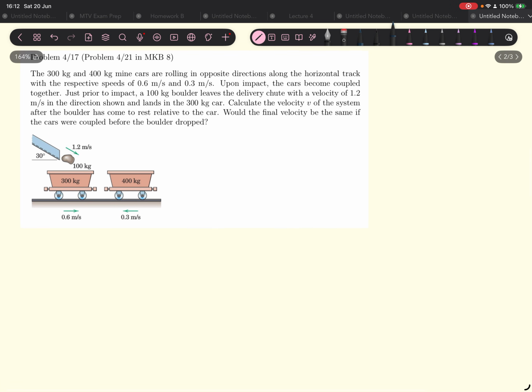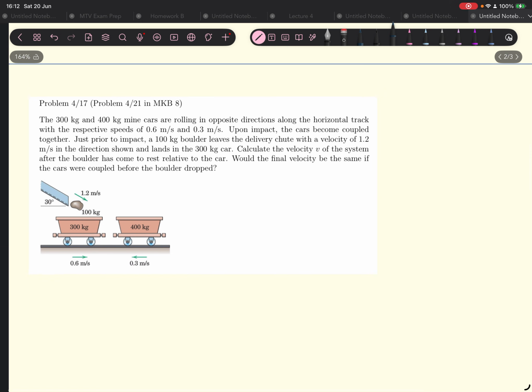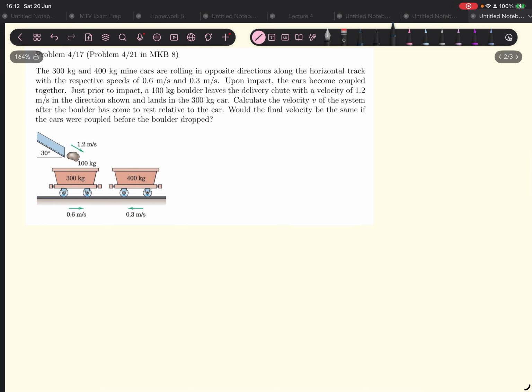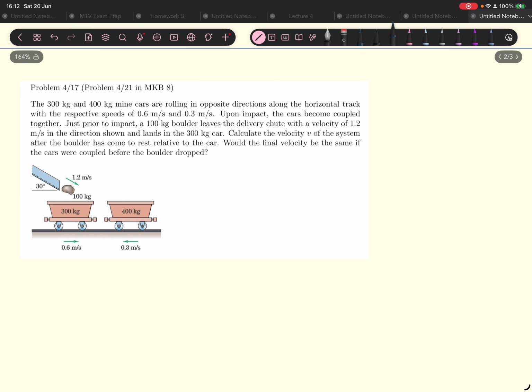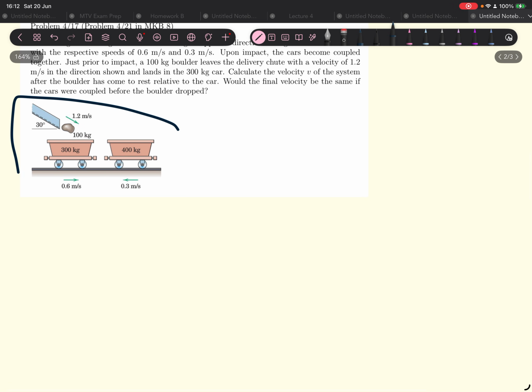Since we're basically given 2 states, right? So this is our state 1, and then state 2 was written in words where we say everything has been coupled together. So we're going to have cart 1, which is the 300 kg, and then we're going to have the rock, which is sitting somewhere there.